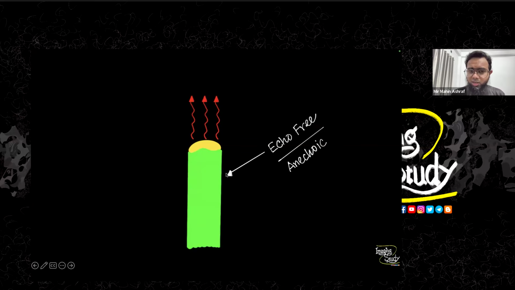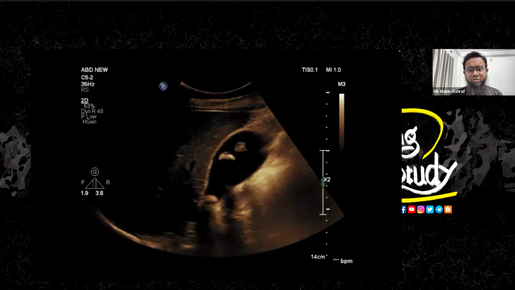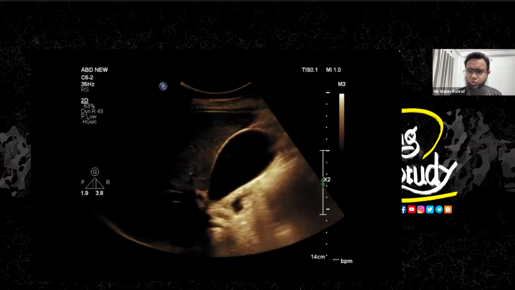Now, this part does not have the density to look anechoic, but this is happening due to the stone, which is causing reflection of all the sounds. So this is called the artifact known as acoustic shadowing. We use this acoustic shadowing term frequently to describe calculus or stone.